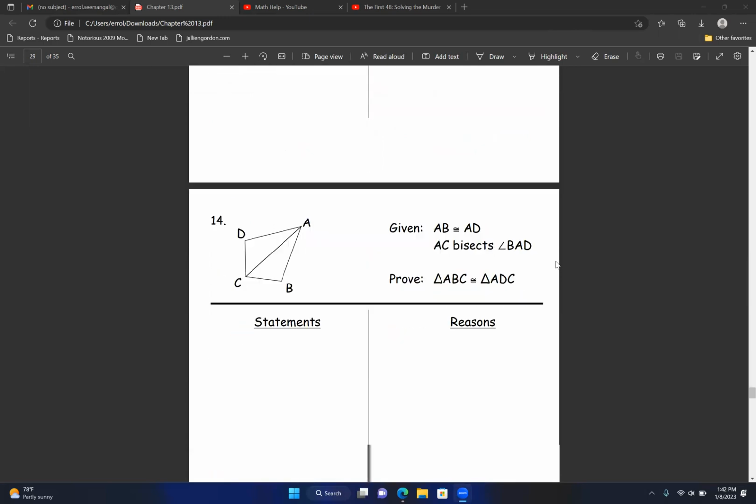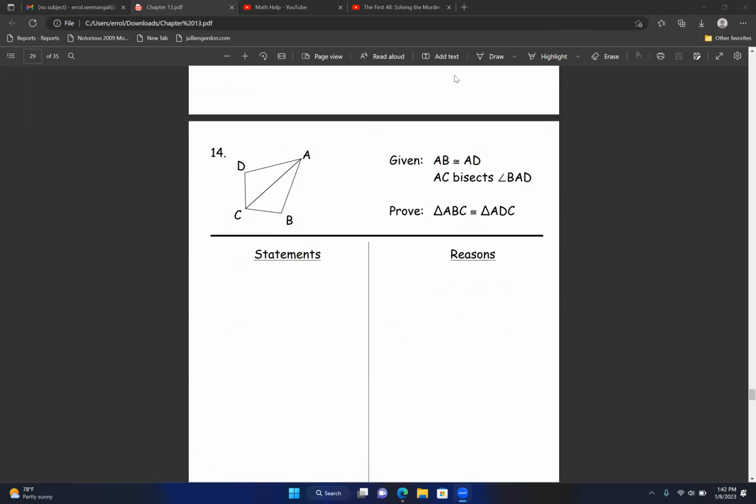Or 14. All right. Which one is 14 going to be? Look what's given here. AB equals AD, so that side and this side are the same. AC bisects angle BAD, so this angle and this angle are the same.